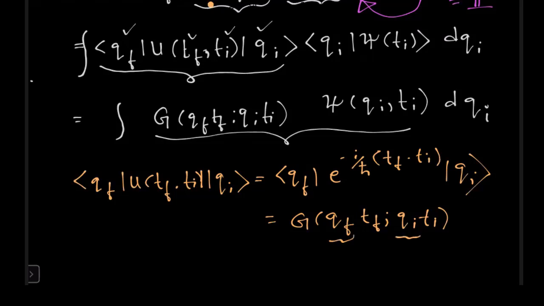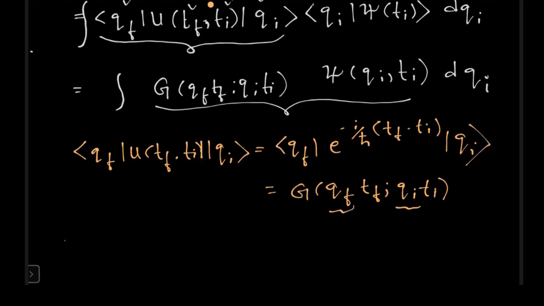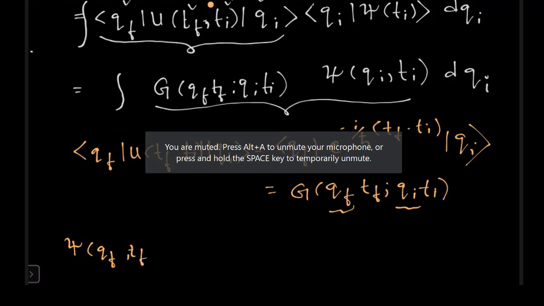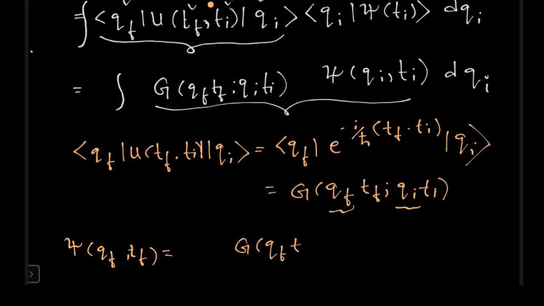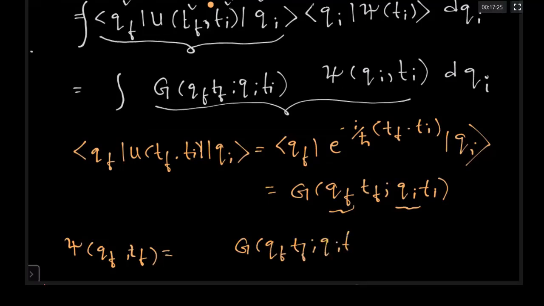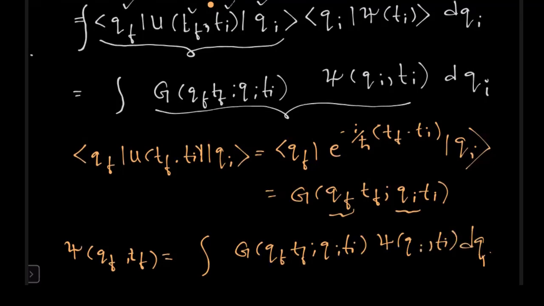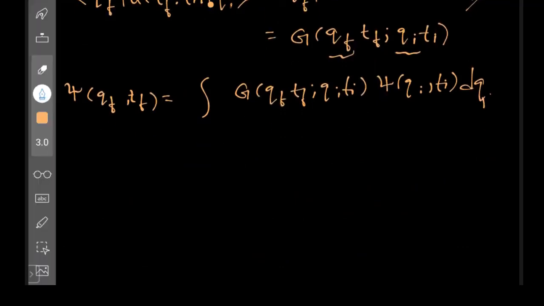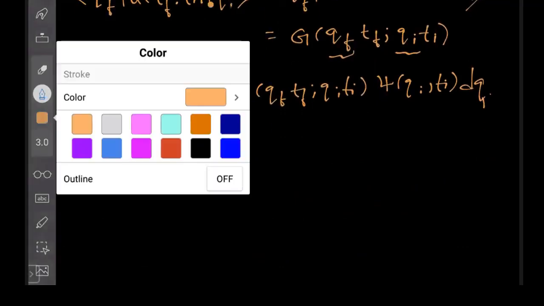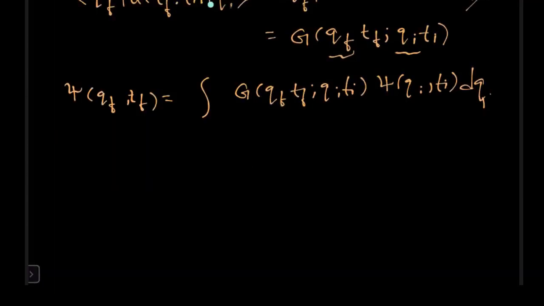So what does it mean that to get the final state of your quantum particle at qf, tf, you have to write such a g of qf, tf, qi, ti? However, there is an integration with respect to qi. What does it mean? Let's try to understand. We had our particle at some time ti.